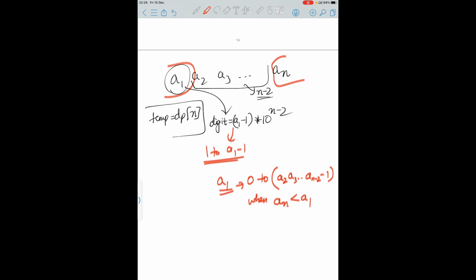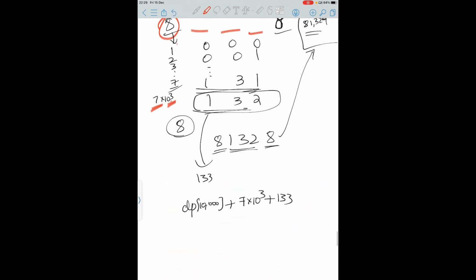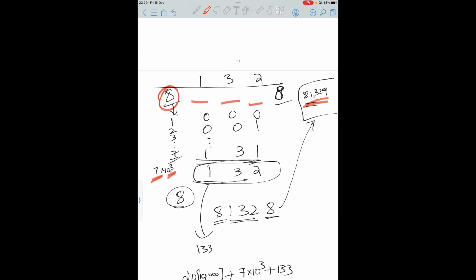Okay, we go from 0 to a2, a3, ..., an minus 1 when an is greater than or equal to a1. You can see the above examples. This is the initial number. This is a1. This is an. We saw that a1 is less than or equal to an, so we could go until 132.